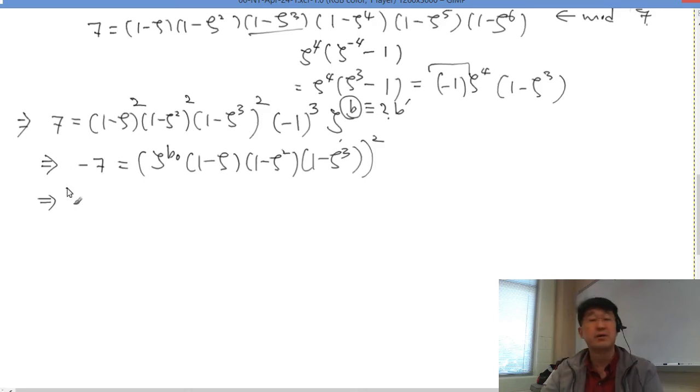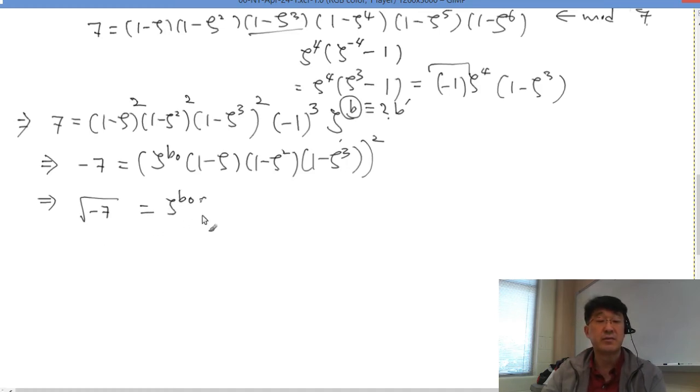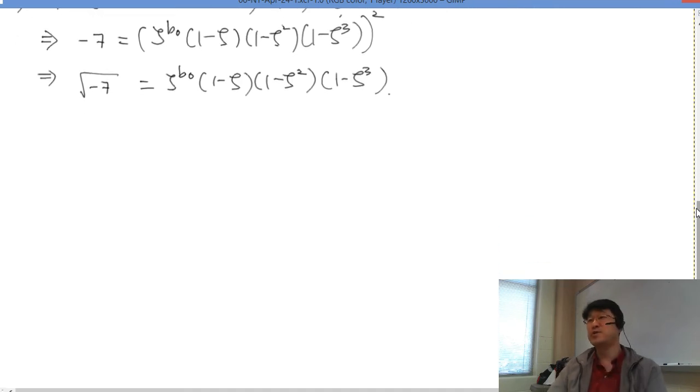That's what is available. But we can handle negative using the 1 mod 4 technique. So that's zeta to the 0, 1 minus zeta, 1 minus zeta squared, 1 minus zeta to the third. Here, using 7th roots of unity, elements of order 7, they were able to describe the square root of negative 7 explicitly like this.